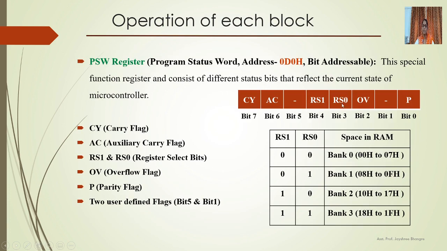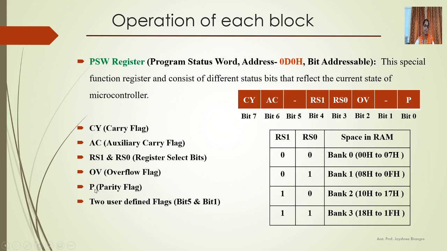Then the next flag, that is bit 2, is the overflow flag. If the result of an 8-bit operation is greater than 8 bits, that means the sign bit gets affected in the operation, at that time the overflow flag will be set, otherwise it is cleared. Then bit 0 is the parity flag.